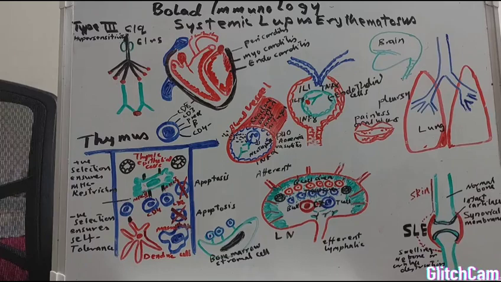If they show autoreactivity, they will be killed by apoptosis, and this is known as negative selection, and only well-educated B cells are allowed to go outside from the bone marrow to patrol the body.